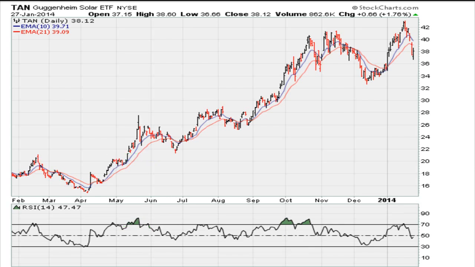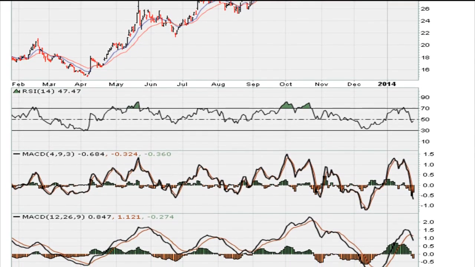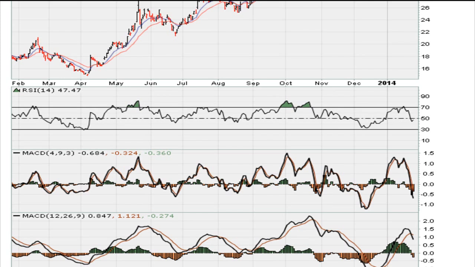All right. Take a look at what was going on as far as the MACDs. And the MACDs, as you can see here, breakout in April here. Even before the breakout, they're already making new highs on the MACD. So don't worry about that.